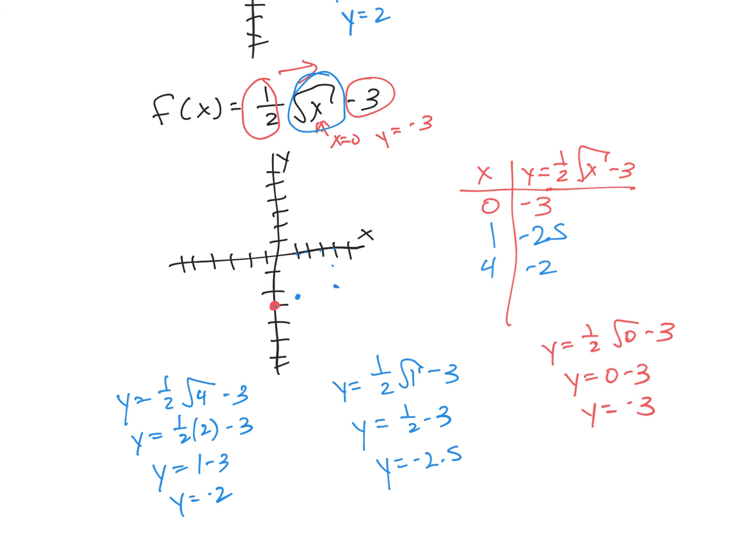And so my graph looks something like this. Okay, it's kind of got a curve though, so I know this one kind of looks straight, but there is a little bit of a curve. So we'll do this, a little bit of curve here, and it still kind of looks straight, but there is a curve to this graph, okay?